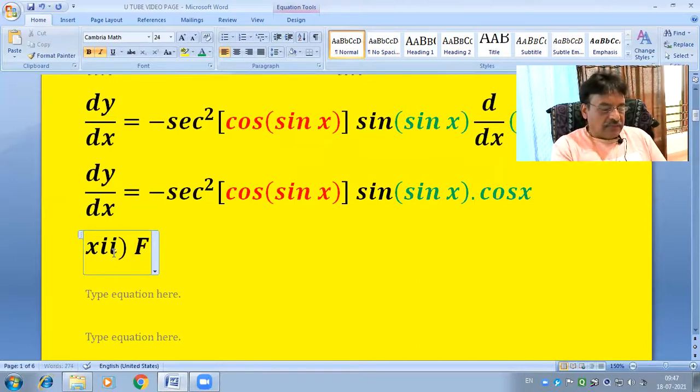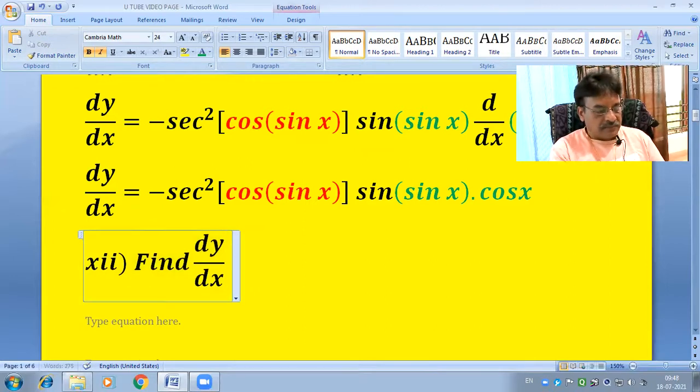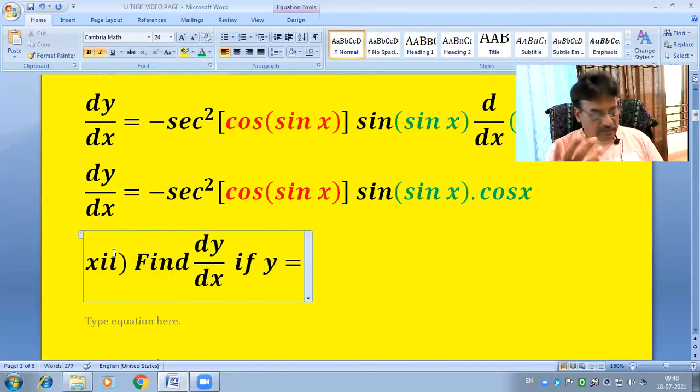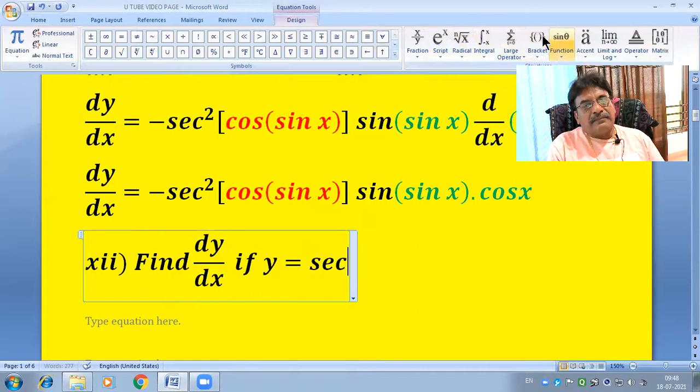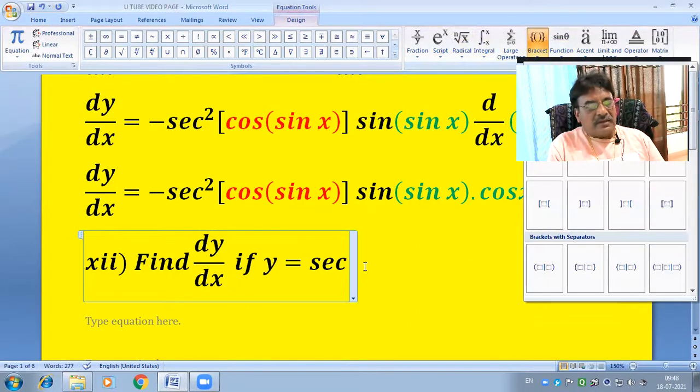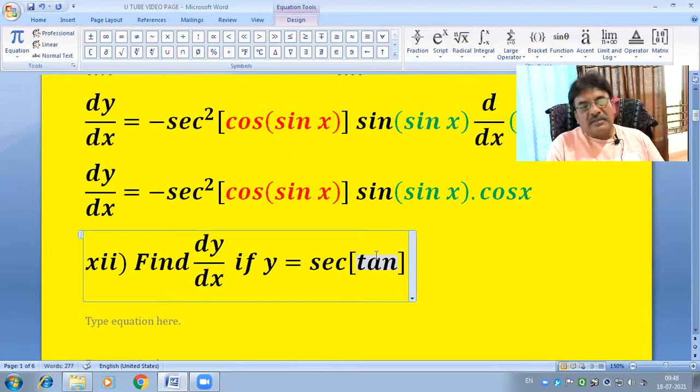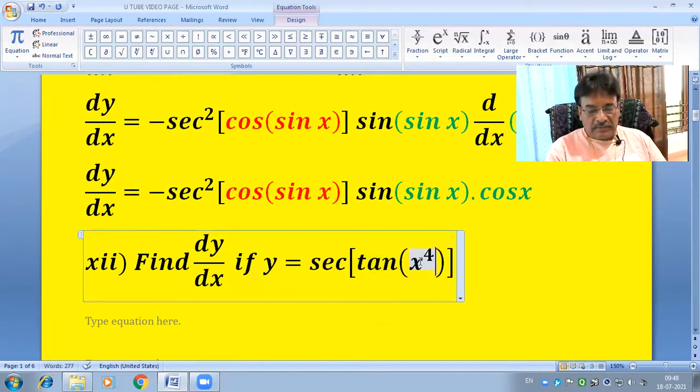Find dy by dx if y equals the composite function sec of tan of x to the power 4 plus 4, that is sec of (tan of (x to the power 4 plus 4)).